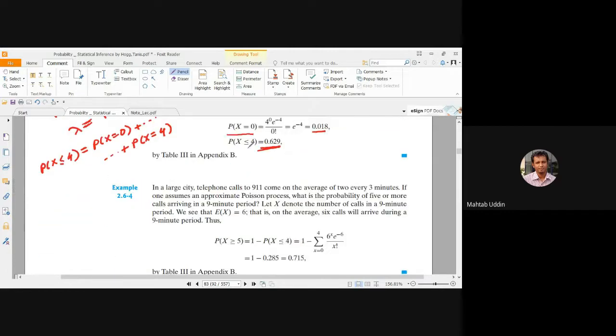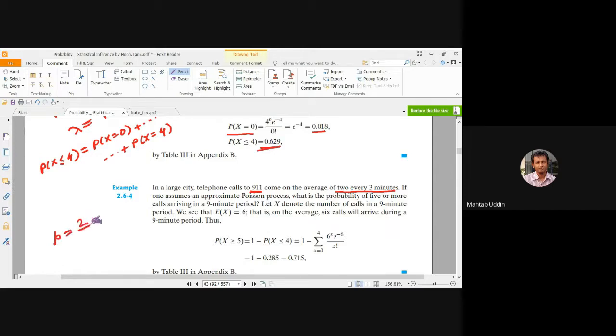You can find another math. In a large city, telephone calls to 911, the emergency number, come on average 2 every 3 minutes. If one assumes an appropriate Poisson process, what is the probability that 5 or more calls arrive in a 9-minute period? Usually it comes 2 every 3 minutes, so that is the rate of getting the call.